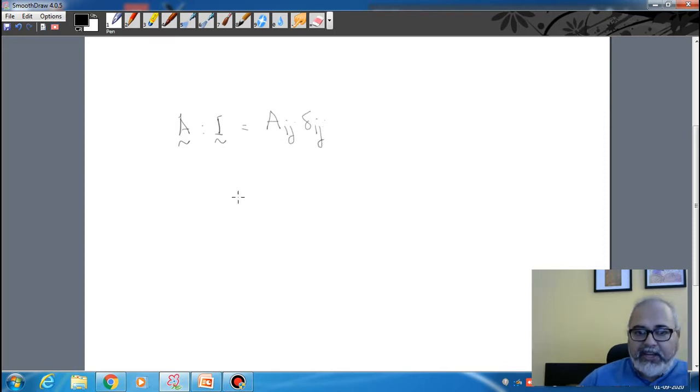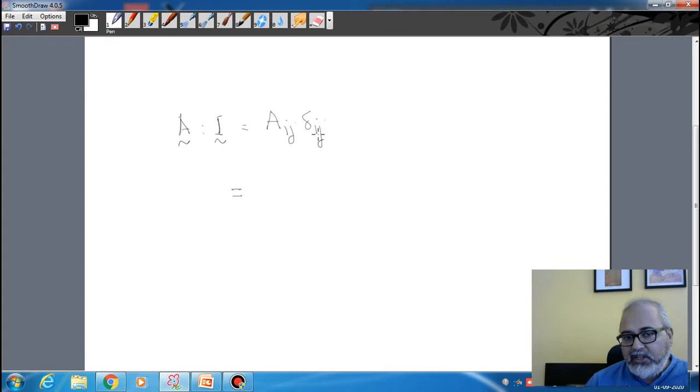Now, if you look at Aij delta ij, remember that delta has special properties: it's equal to 1 when i is equal to j, and equal to 0 when i is not equal to j. If you see this big sum, you will realize that it has 9 terms.